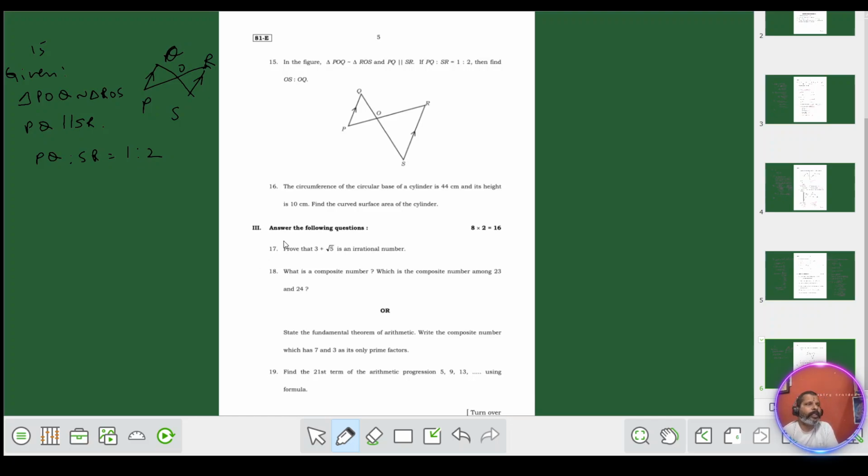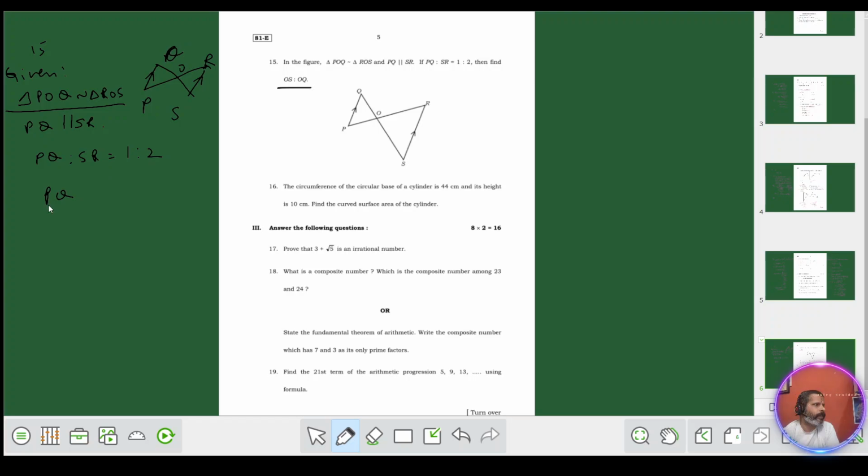Then you have to find OS and OQ. Since these are similar triangles, you should know the BPT. You have to find OS and OQ and given PQ and SR. You construct a ratio involving those four sides.